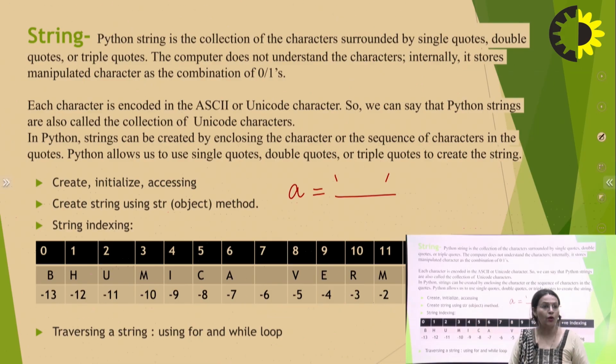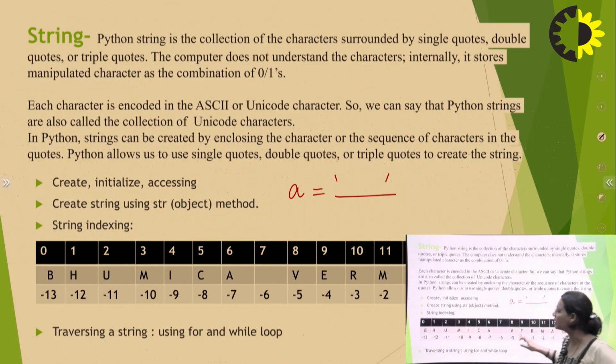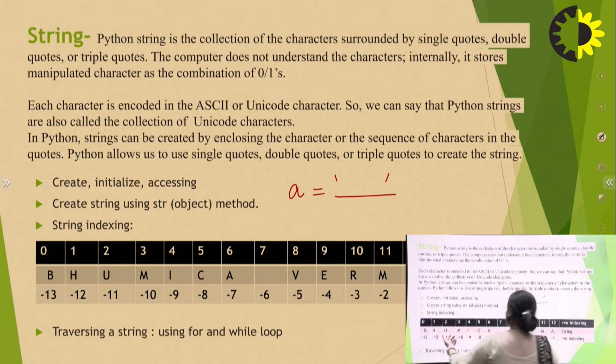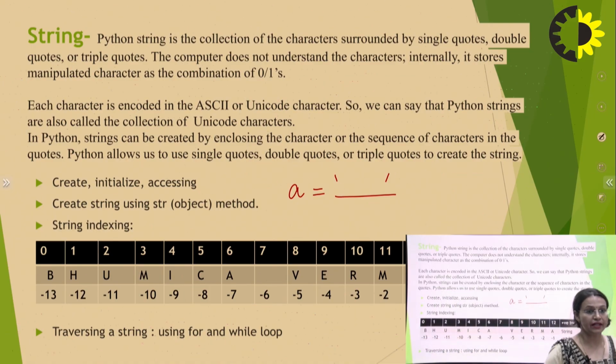When I am talking about accessing, I need the positions of the characters of the string. That means if I have a string like Bhumica Verma, this string consists of various characters. These characters must have some accessing location so that I can access them. Accessing comes in two forms: positive indexing or negative indexing.